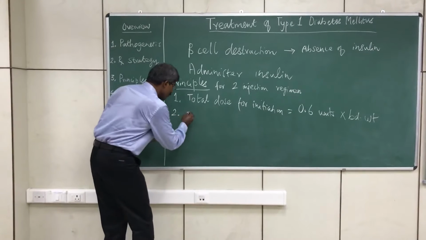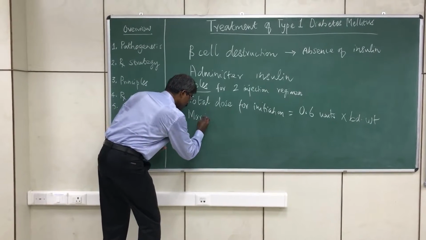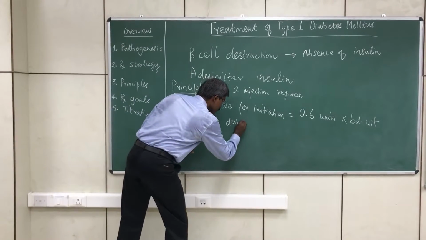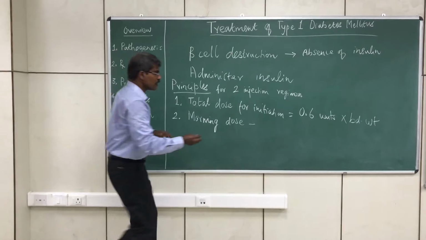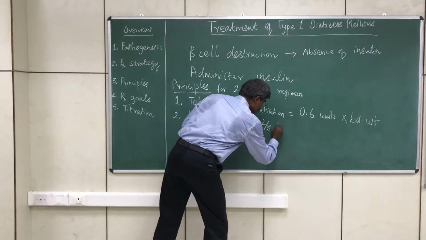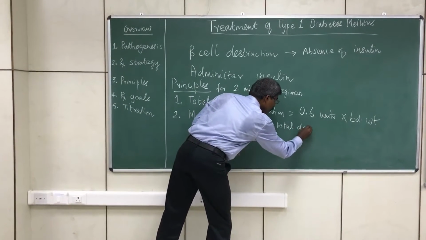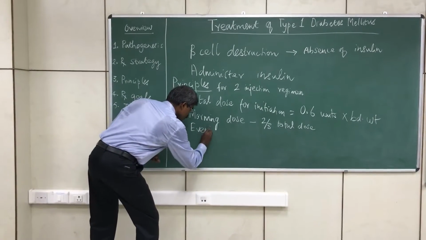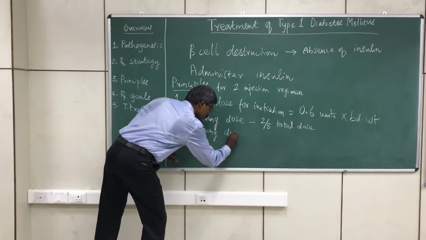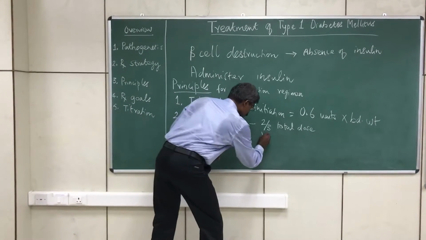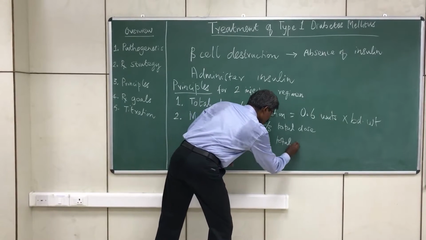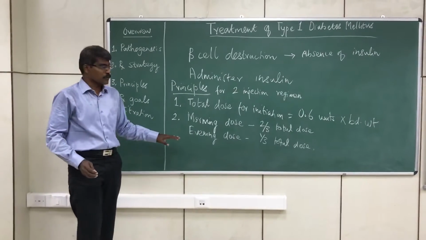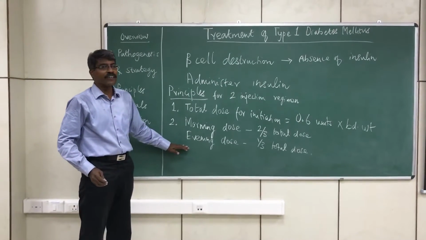We are going to give it as morning dose and as evening dose. Morning dose is 2/3 of the total dose, so evening dose becomes 1/3 of the total dose. So that's the second principle, which tells how much of the total dose should be given in the morning and how much should be given in the evening.